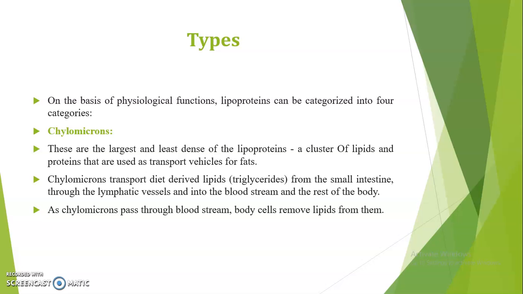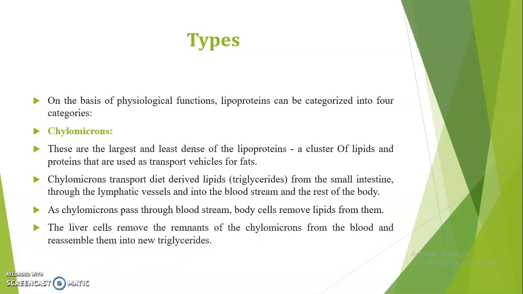As chylomicrons pass through the bloodstream, body cells remove the lipid from them, and the liver cells remove the remaining portion of the chylomicrons from the blood and reassemble them into new triglycerides. Due to the removal of lipids from the chylomicrons, their density increases and they become denser as compared to the chylomicrons.